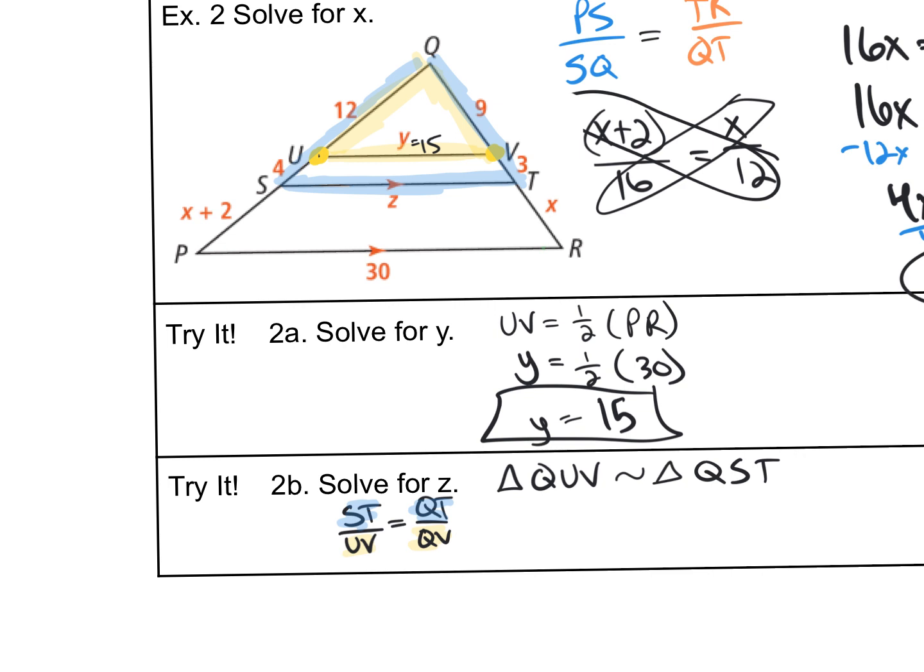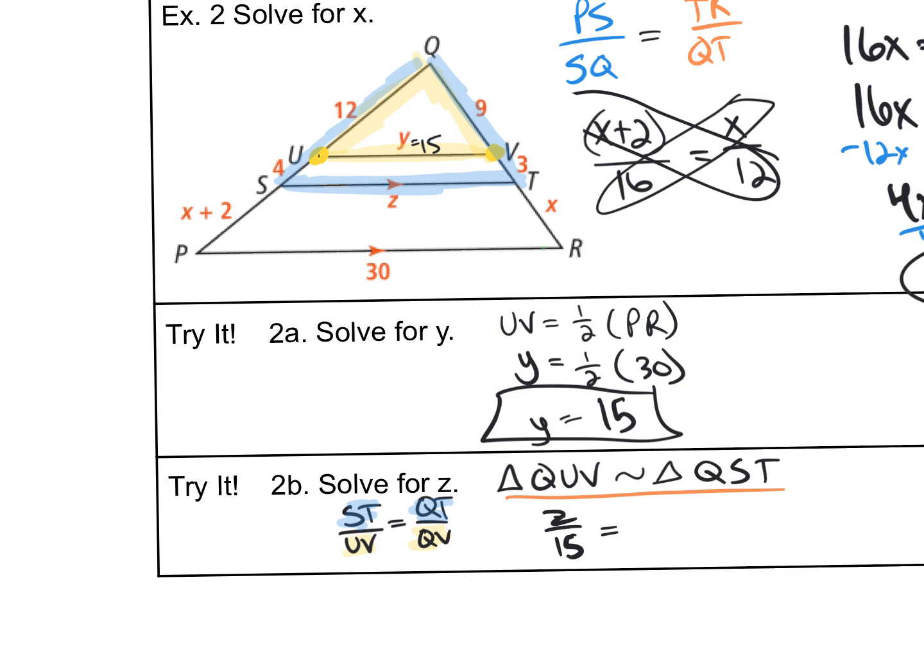You can look at the diagram to match those up, or look back at the similarity statement you just created to match up those corresponding letters. Now we can replace with the values we have for each of these distances. ST was a distance of Z, and UV was a distance of 15, since we just solved for Y.